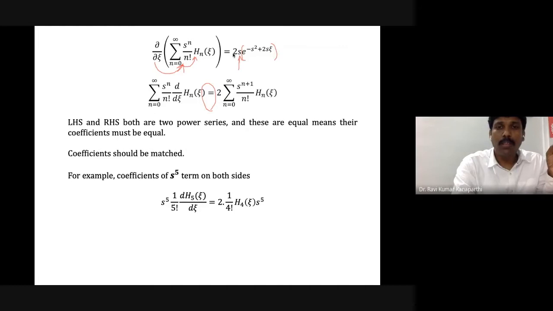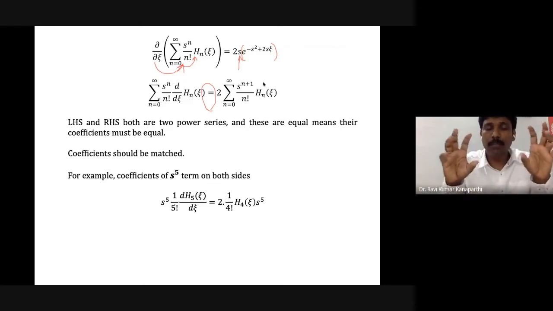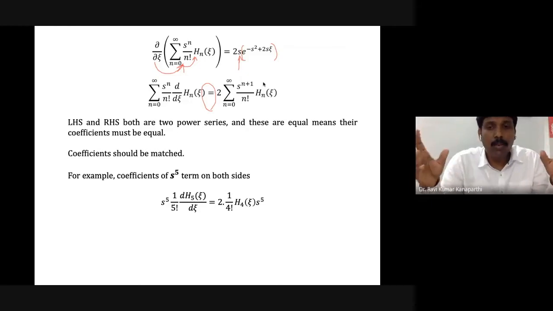Because if you substitute n is equal to 5, s to the power n plus 1 becomes s to the power 6, which is something that we don't want. We only want to compare the same power of s to the same power of s. If you are interested in comparing s to the power 6, you can do that, but in this case we are only interested in s to the power 5.